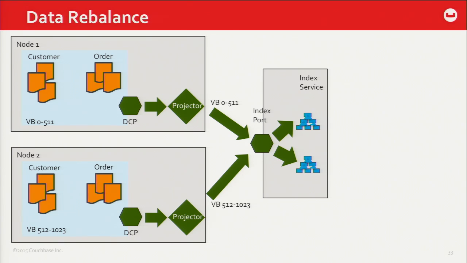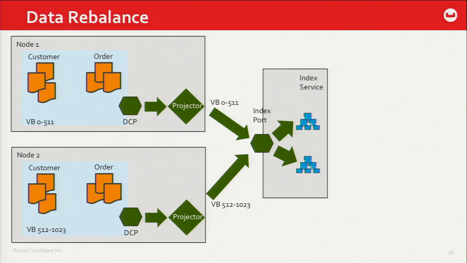Now let's peek a little inside at what happens to the indexer when rebalancing is happening at the data service. Here I have two nodes, node 1 and node 2. These are data service nodes, and there is a single bucket.